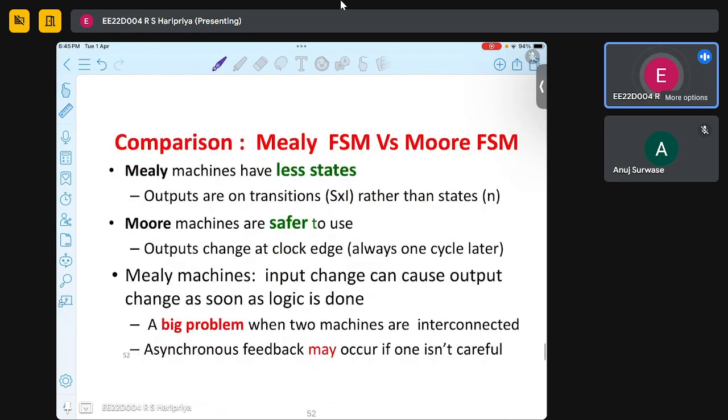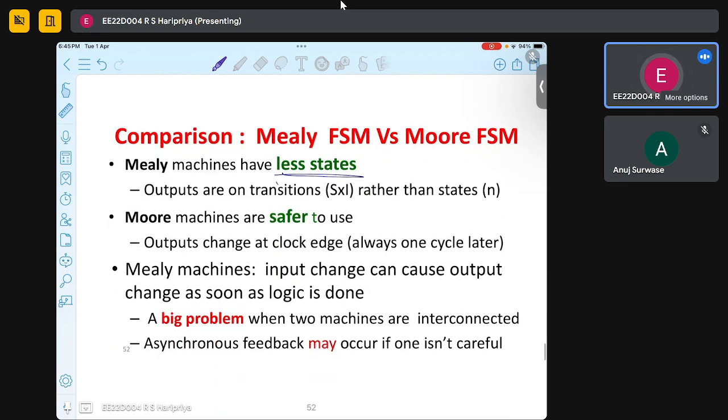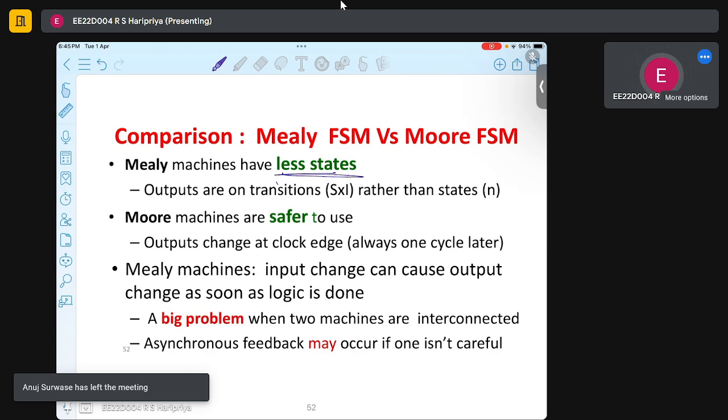So Mealy machines have a lesser number of states, but the output will have a transition if there is any transition in the input. So any glitches in the input can be seen at the output.